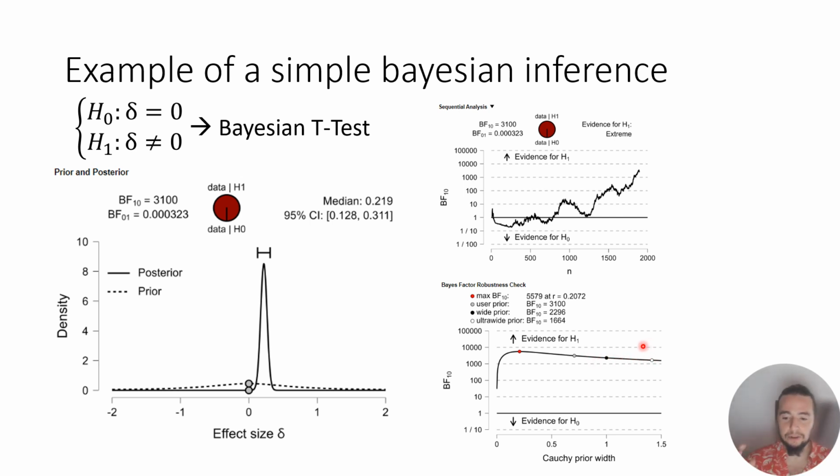So everything is more or less in the same range of values, extreme evidence towards H1. This is a robust inference regarding the width of the prior, the dispersion of the prior, the informativeness or non-informativeness of the prior, and also our sample. So we can trust this prior, posterior, bias factor and credible interval as something kind of reliable.